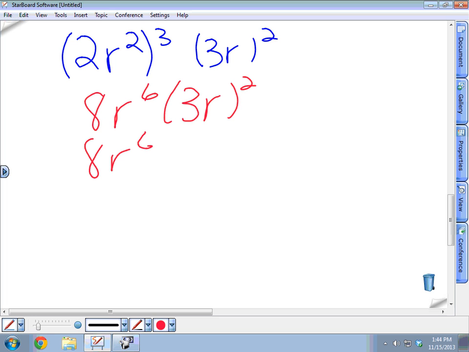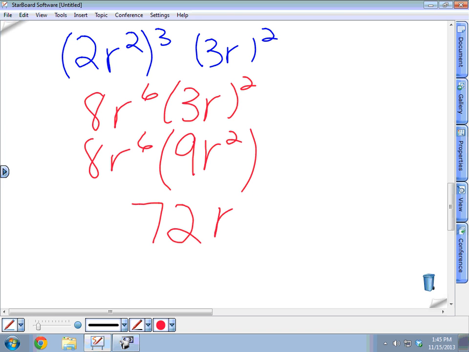Well, you got to do the exponents first. So what's 3 squared? 3 squared is what? 9. Okay. What's 9 times 8? 72. Yeah, Bethany. What's r to the 6th multiplied by r squared? When we multiply exponents, we add the exponents. R to the 8th.